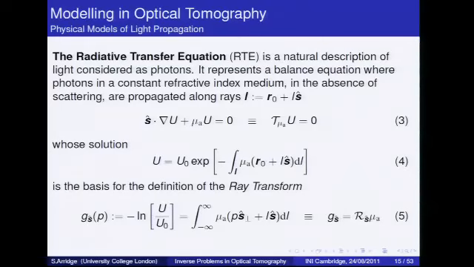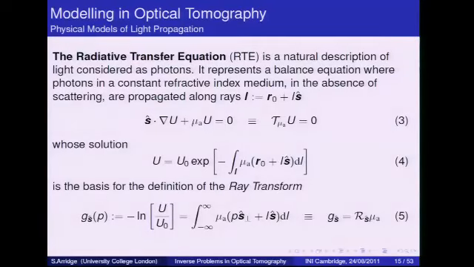In differential form, we could write this as the one-dimensional derivative along a direction s hat of the field, plus the absorption coefficient times the field, equals 0. So this would be the ordinary differential operator along a ray direction, and it just has an ordinary solution by integrating along this ray.